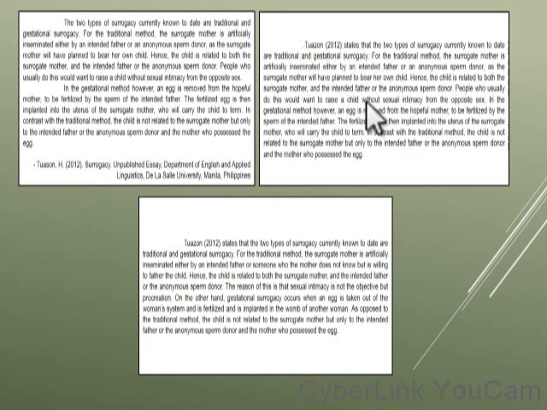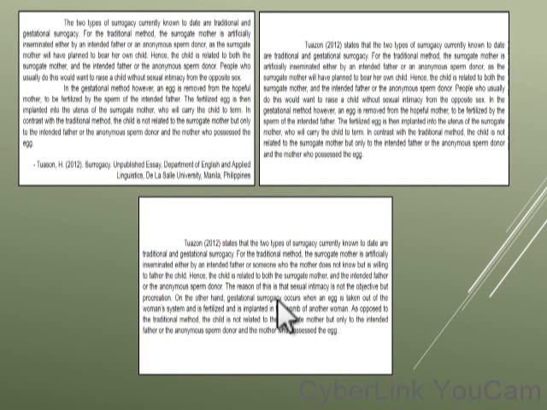The writer of this text copies the source or the author, which is Tuasan, but he copies the whole text verbatim. But the last one is a patchwork plagiarism. Why did we call it patchwork plagiarism? Because the ideas of the source are mixed. Why mixed?